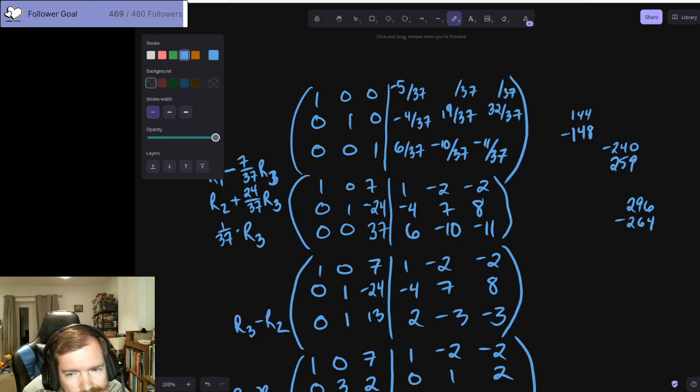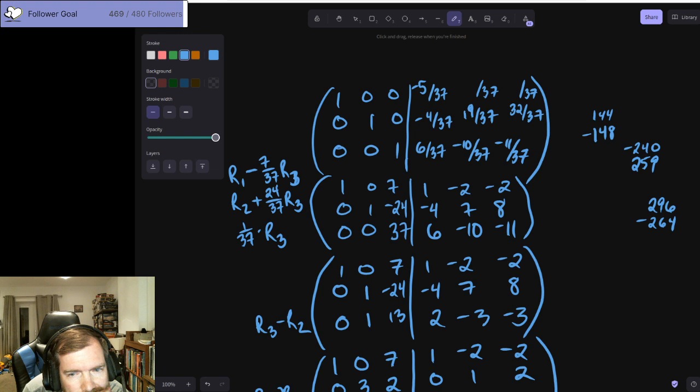No. Hang on. Take what's in row 1 and subtract 7 times what's in row 3. Divide by 37. Alright, did I miss a sign on the 7?